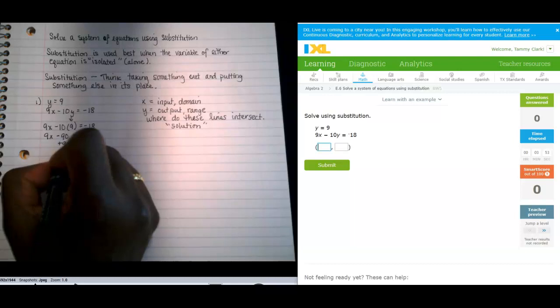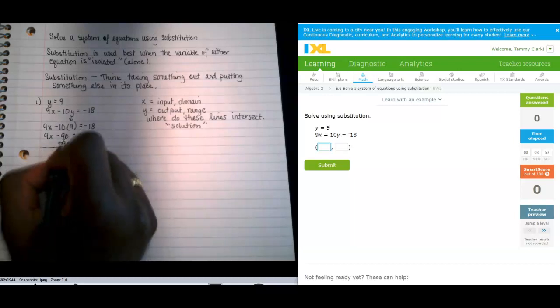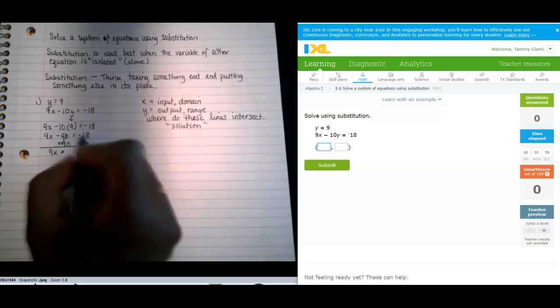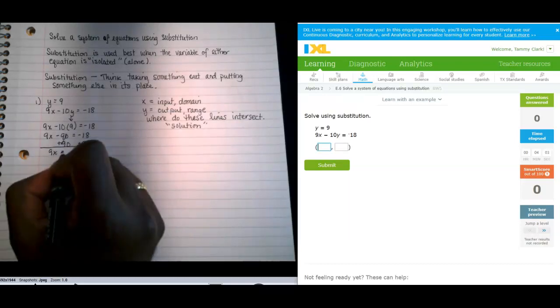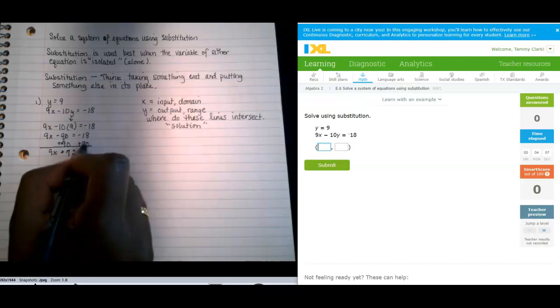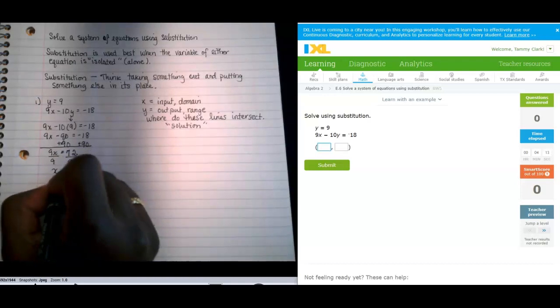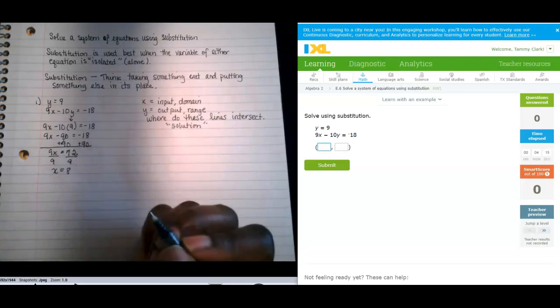I add 90 to both sides of the equation, and I've got 9x is equal to 90 minus 18, which is 72. I know it's positive because my larger number is positive. I'm going to divide by 9 on both sides of the equation, and I've got x is equal to 8.